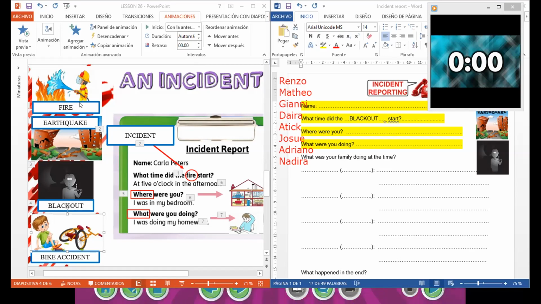The fire, earthquake, blackout, bike accident. Fire. Yeah, fire start. Read, please, start. What time? ¿A qué hora completaste aquí? What time? 11:30. In the afternoon, in the morning, in the evening? In the afternoon. Okay. Continue with the next question.